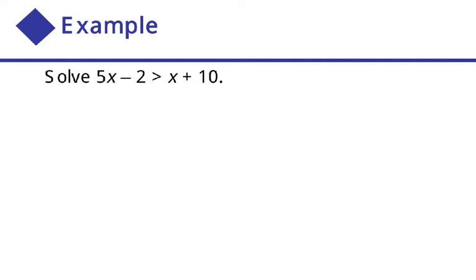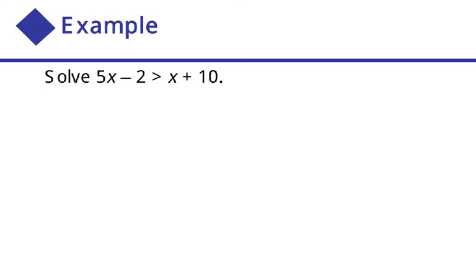So we can do it algebraically or graphically. This one we'll do algebraically, the next one we'll look at graphically. Remember, you're fine as long as you're adding or subtracting, or you're multiplying or dividing by positive numbers. The only place you might get into trouble is dividing or multiplying by a negative number.